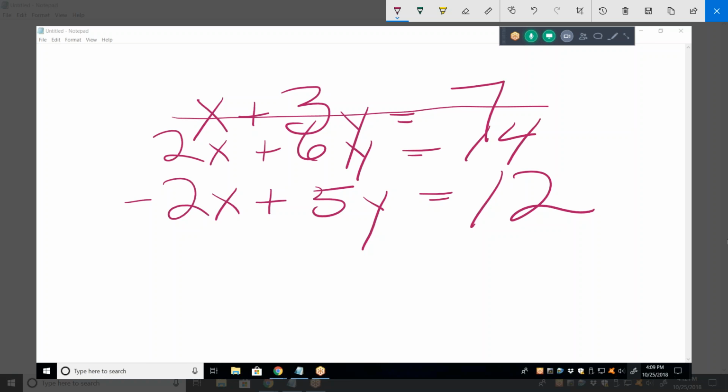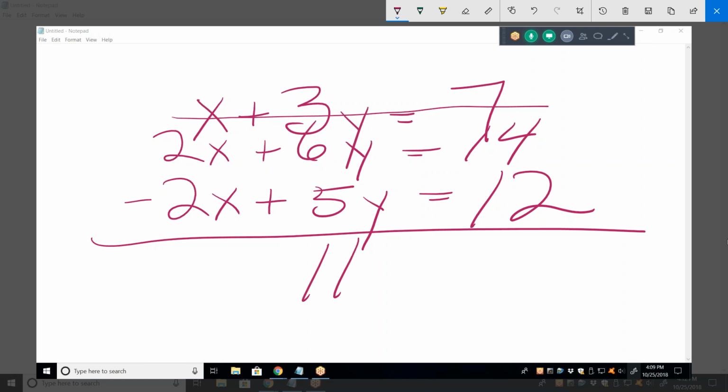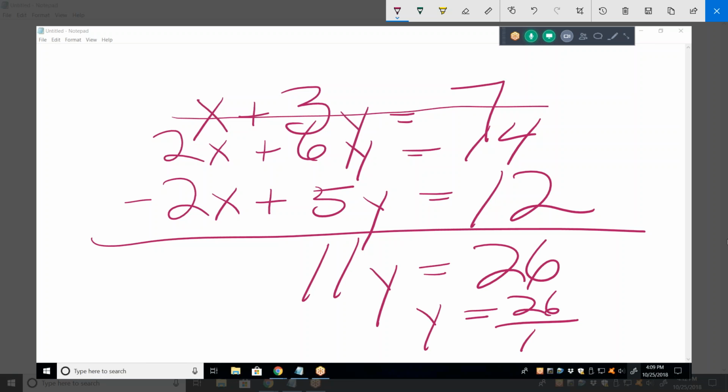You have to multiply both sides. And then if we add those together, now you get 11y equals 26, which means y equals 26 divided by 11. And the moment you have solved for one variable, no matter which one, whether it's x or y, you can go back into whatever your simplest equation is and solve for the other variable.